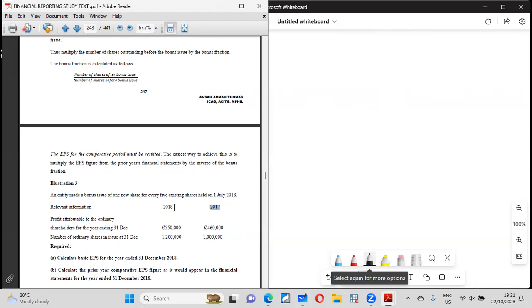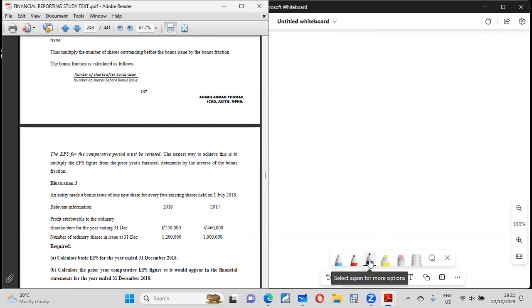Relevant information is that we have these profit attributable to ordinary shareholders: 460, 550. Number of shares: we have 1 million and we have 1.2. We are asked to calculate the earnings per share for the year ended December 2018. Then we are also asked to calculate the prior year comparative figure as if it would appear in the financial statement for the year 2018.